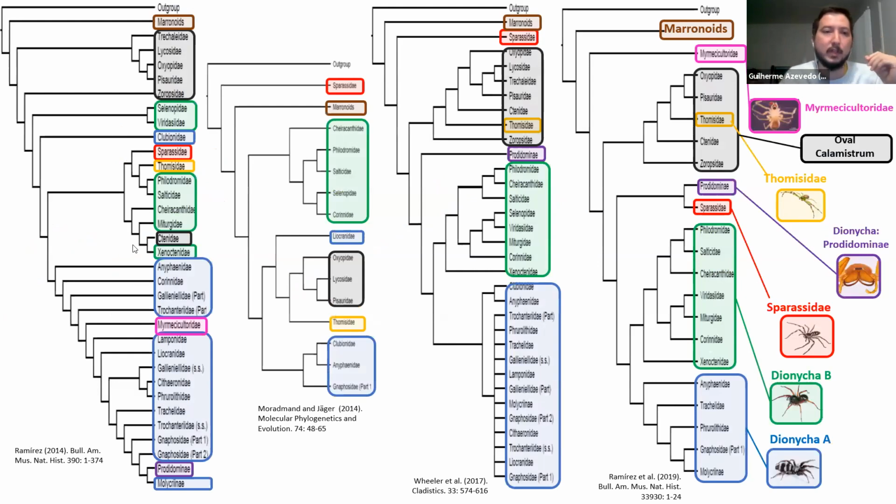So the first one here is a morphology one, and these two in the middle are based on genetic markers, and this one is combined. You can see how they vary the position of especially these three clades here in relation to the Oval Calamistrum Clade, the Marronoids, and the other Dionychans.